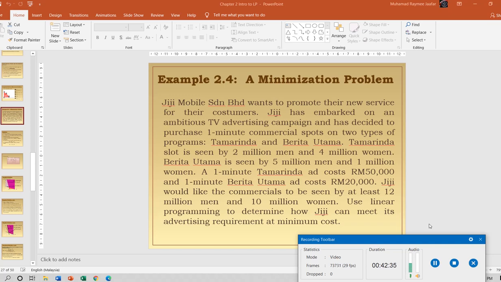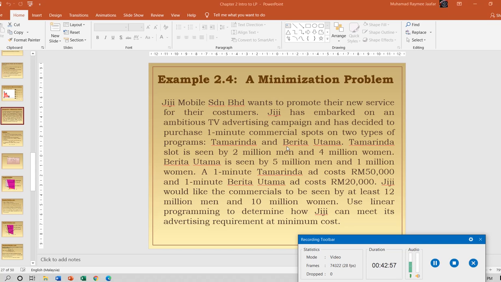So the cost comes from the 1 minute commercial spot purchased by them during the Tamarinda, and also 1 minute commercial spot purchased during the berita utama. Faham tak kelas? So dia bukannya nak maximize the profit.